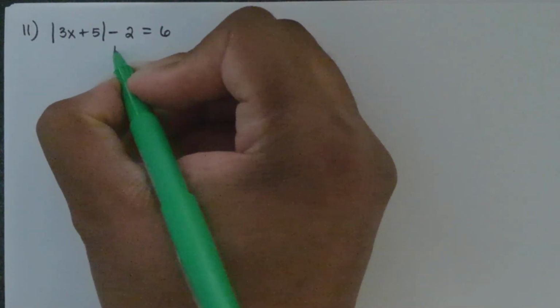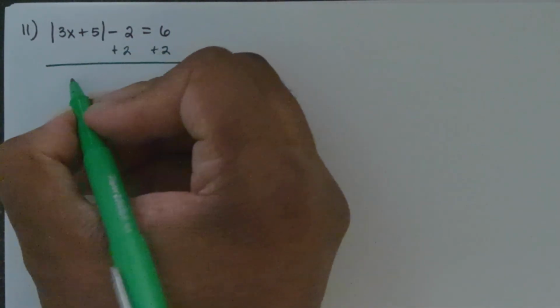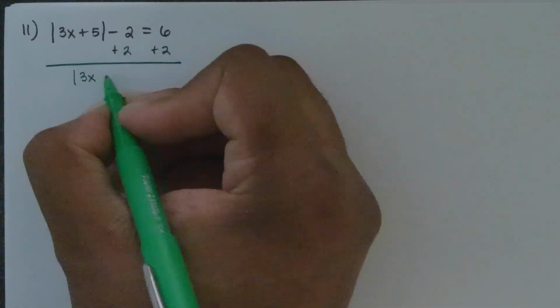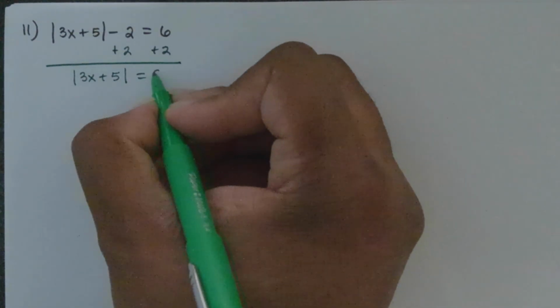We're going to solve this absolute value equation. First of all, we need to get the absolute value by itself, by doing what? Adding 2 to both sides. So here I have the absolute value of 3x plus 5 is equal to 8.